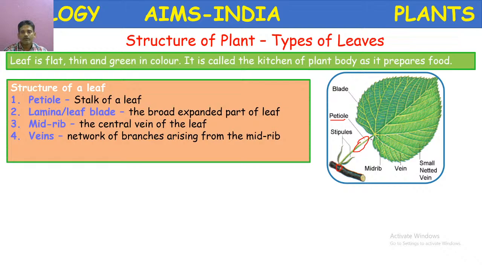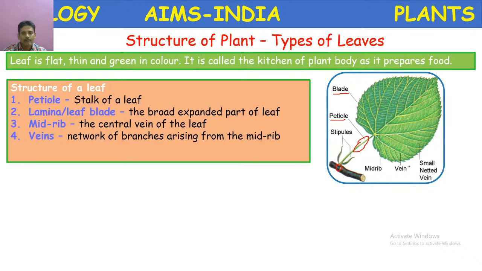Next to the petiole, the exposed part of the leaf, the foliage part of the leaf, is called the leaf blade or lamina. Simply we can call it the surface of the leaf, or expanded or broad portion of the leaf.